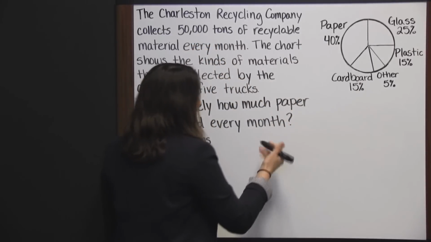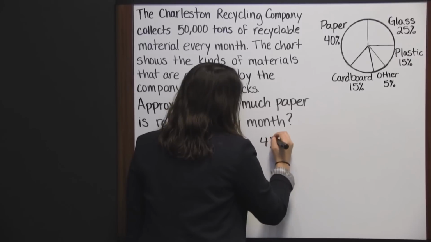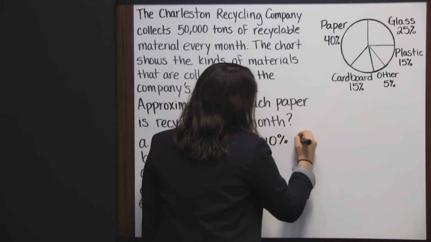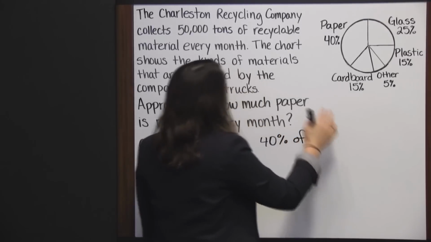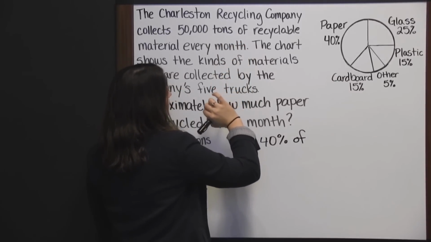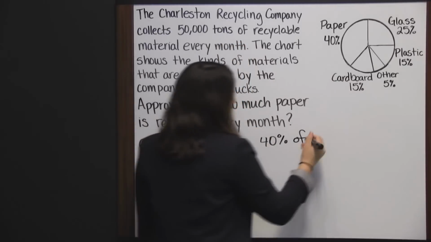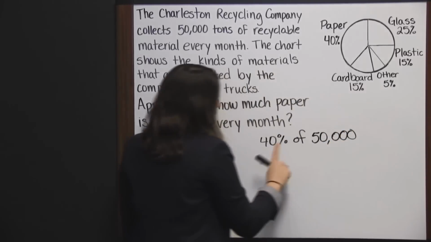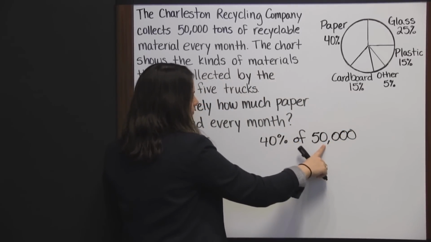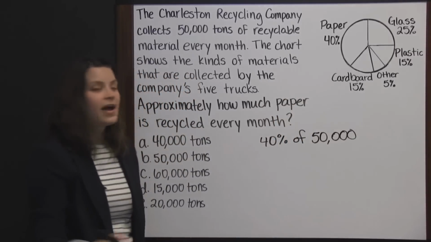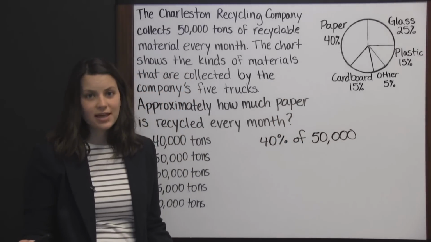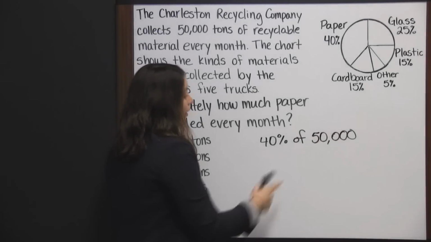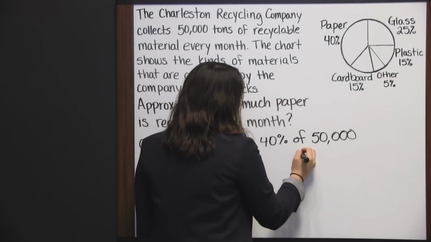Paper is 40%, so 40% of the total amount of recyclable material collected, or 50,000 tons, 40% of that is paper. And that's what we want to find, is how much is that? Well, of means to multiply.